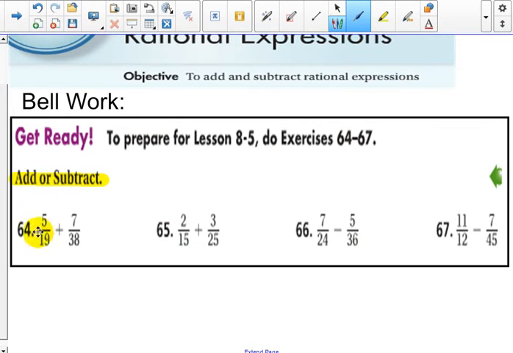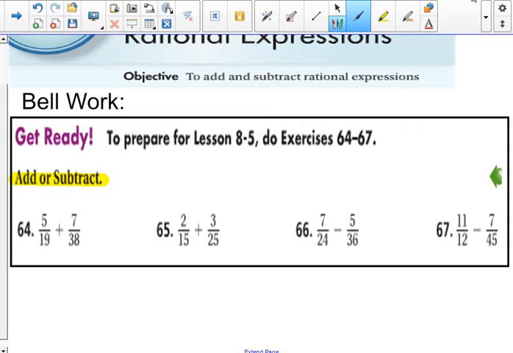So if you will, pick maybe 65 and work on that one right now. Thank you. Let me unfreeze the board here. Alright, so if you will work through this one now. Okay, so do those real quick.